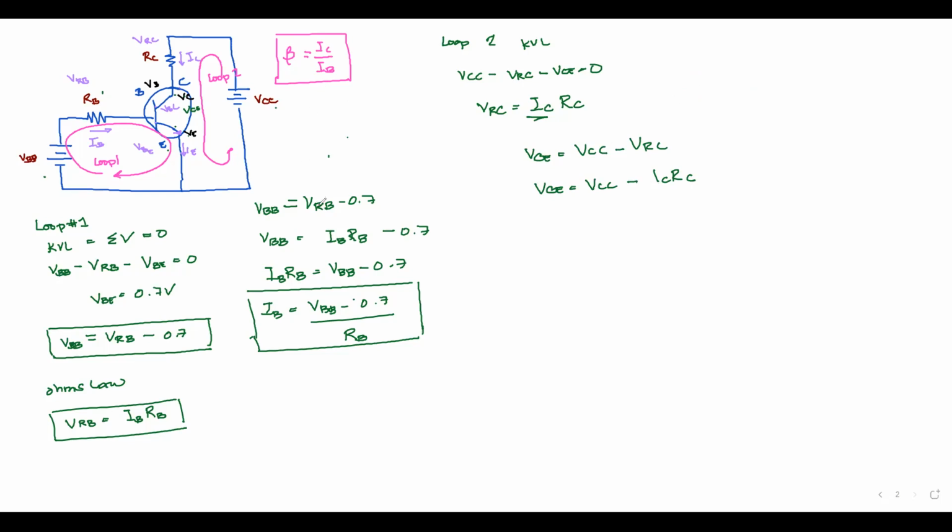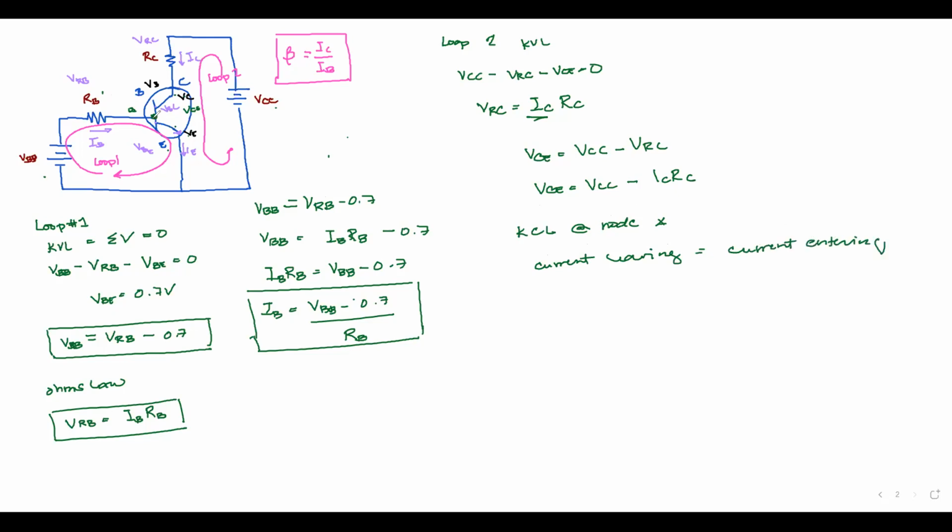So how are we going to solve for I sub E and I sub C? That is simple. You have to remember that we can use KCL here. KCL at this node, let's say that is node A, is just current leaving equal to current entering.